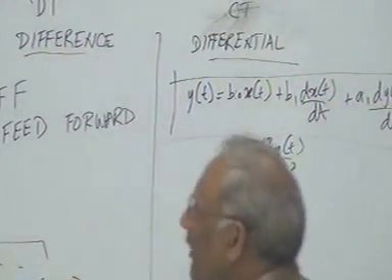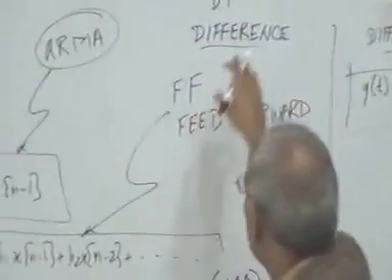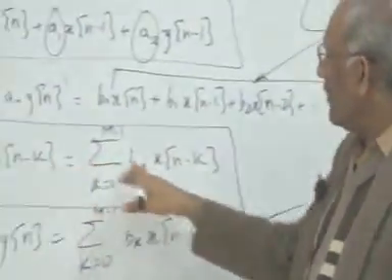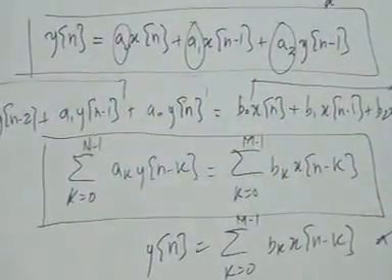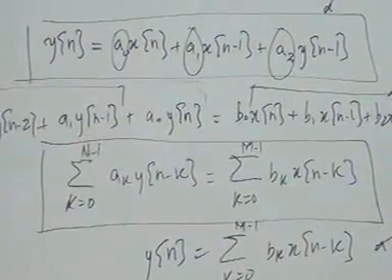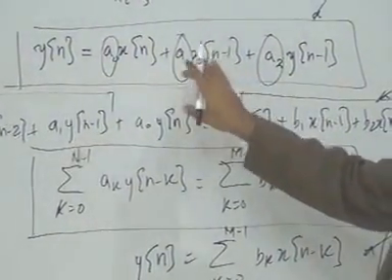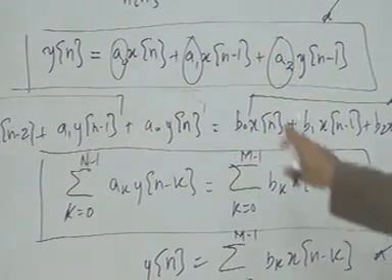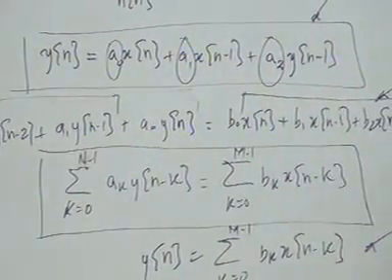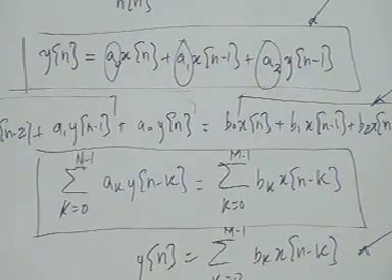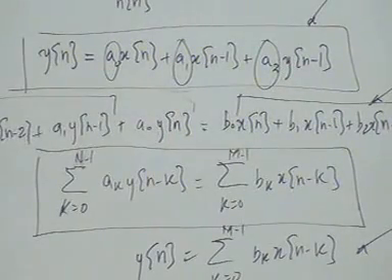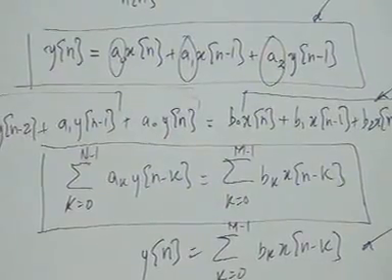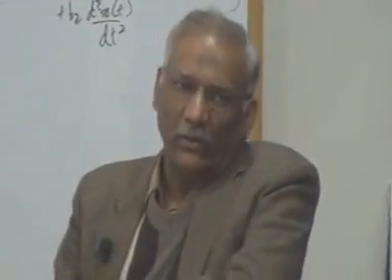Similarly, for discrete time we have a difference equation, and these are of this type. The order of a difference equation is determined by the maximum delay factor that we have in either x or y. In this we have n minus 1, both in x and y, so we'll call this first order. If we had any n minus 2, whether it was with x or y, it will be second order.